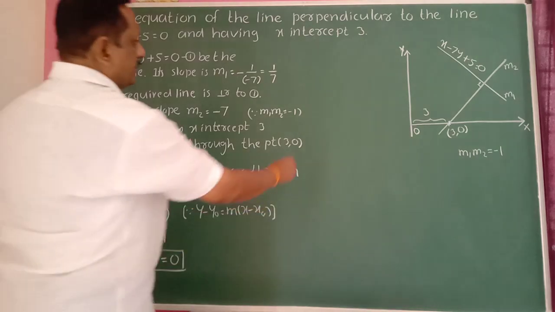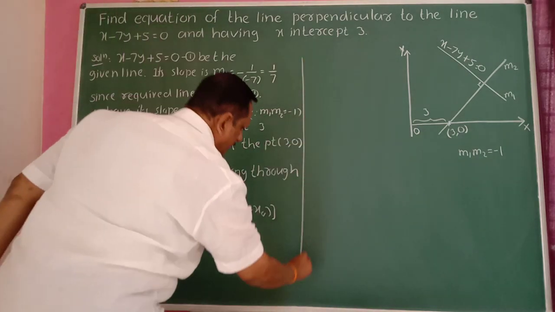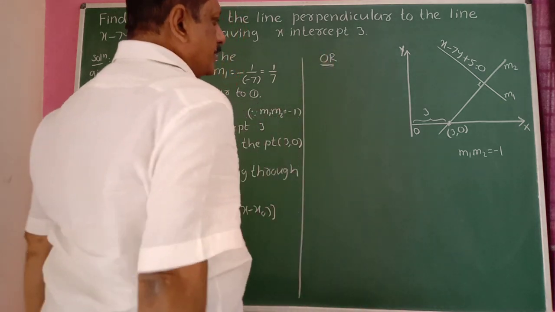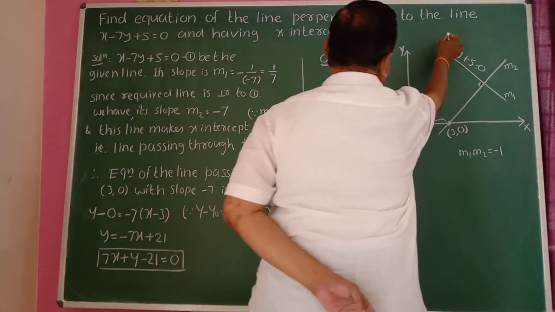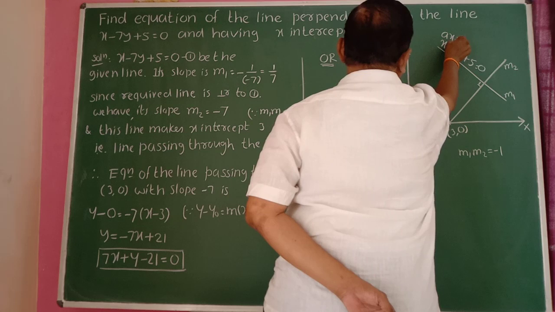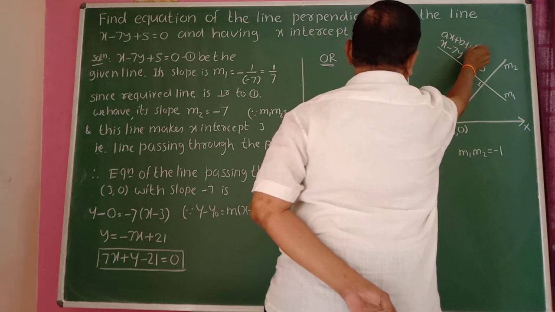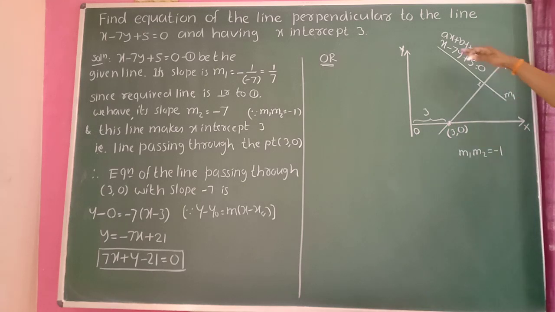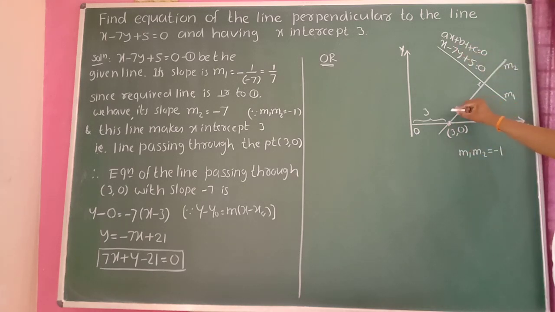You can even use one more method. Suppose the equation of the line is ax plus by plus c is equal to 0. Then the line perpendicular to this one has the equation bx minus ay plus k is equal to 0.